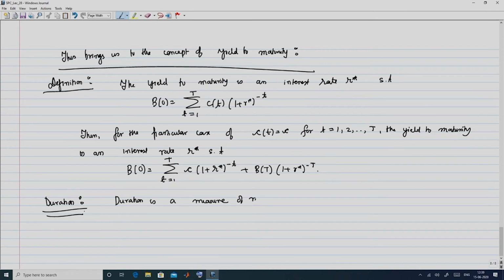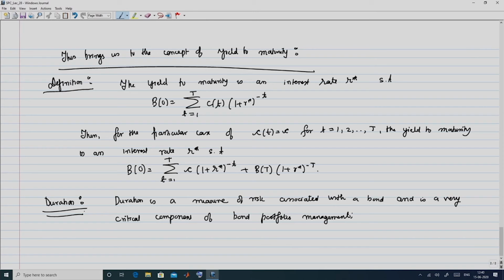It is a measure of risk that is associated with a bond and is a very critical component of bond portfolio management, particularly what is known as immunization, and this is a concept that we will deal with at a later stage.